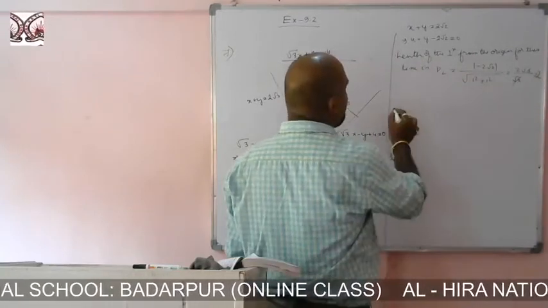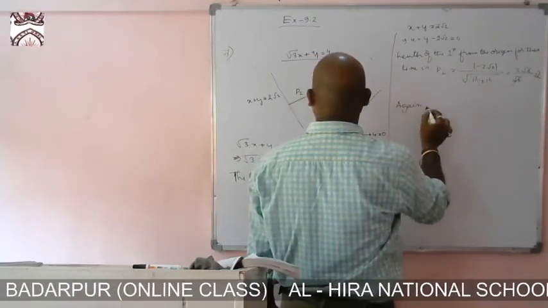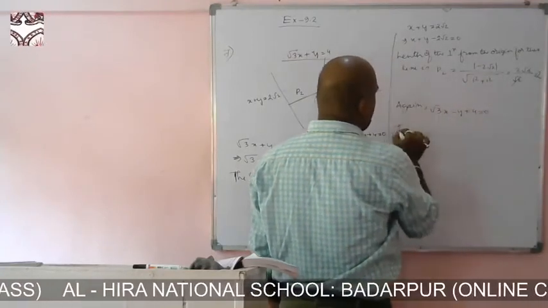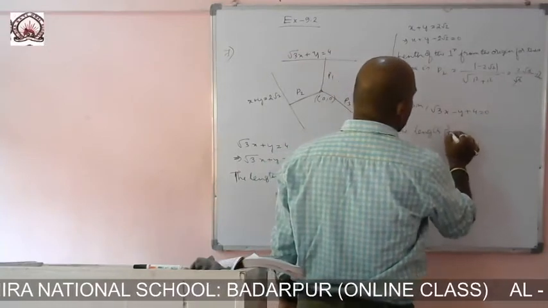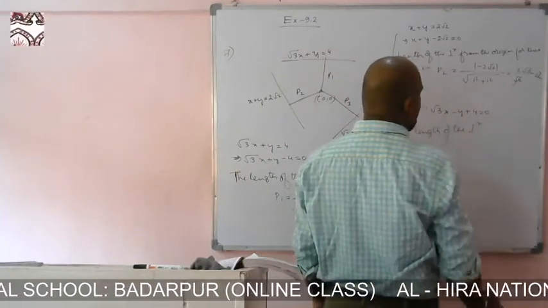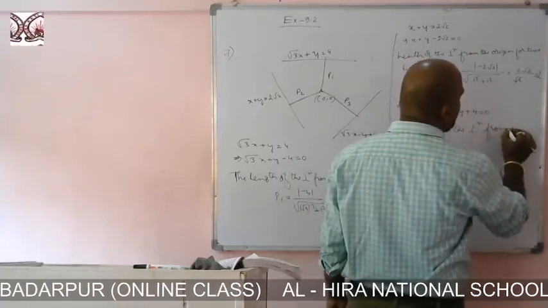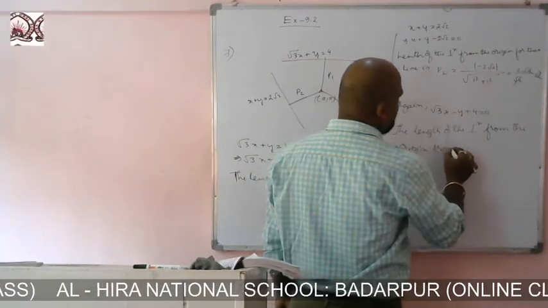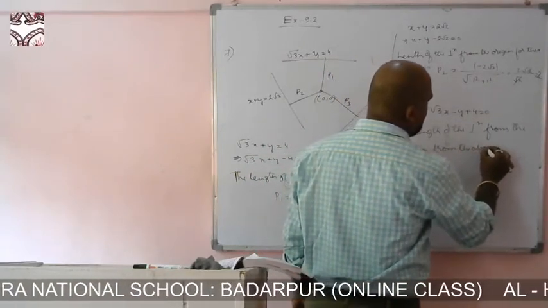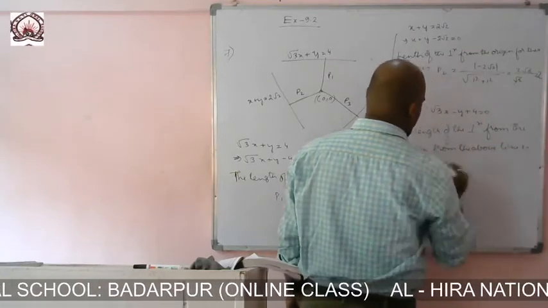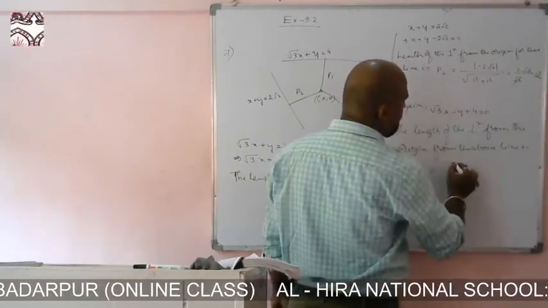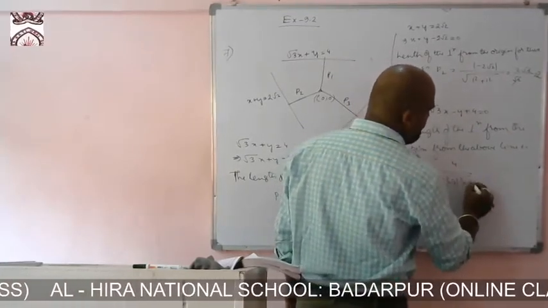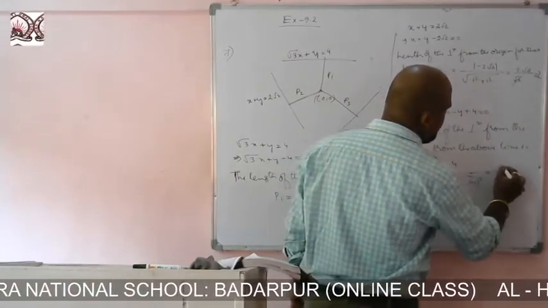Now again for the line root 3x minus y plus 4 equal to 0, the length of the perpendicular from the origin to the above line, if I consider P3, is equal to 4 by root over of root 3 square plus minus 1 whole square.